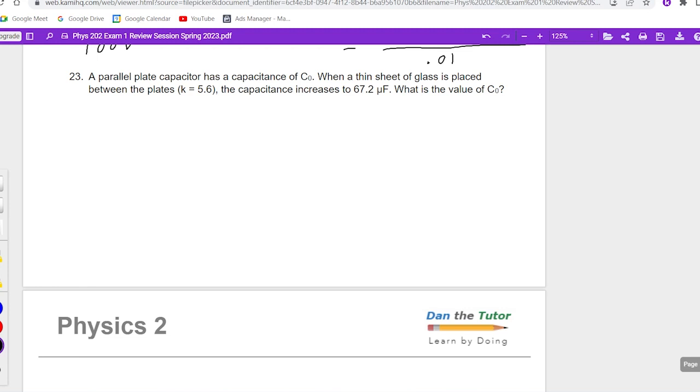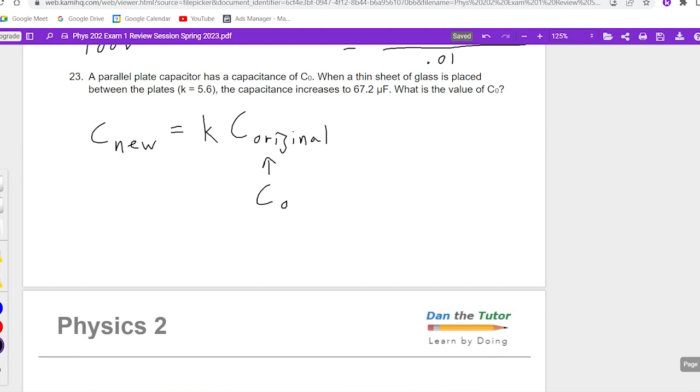What does that mean? It just means that first we're going to say the equation with the capacitance in it. The new capacitance is equal to K times your original capacitance.